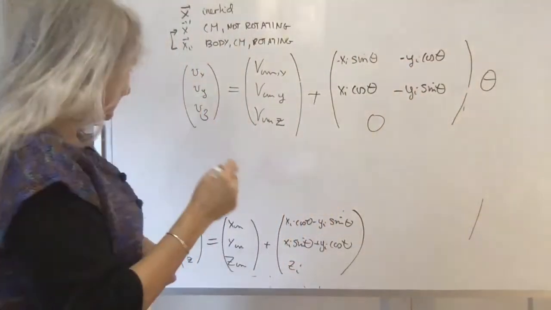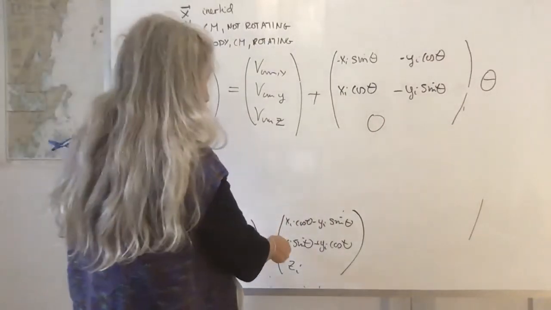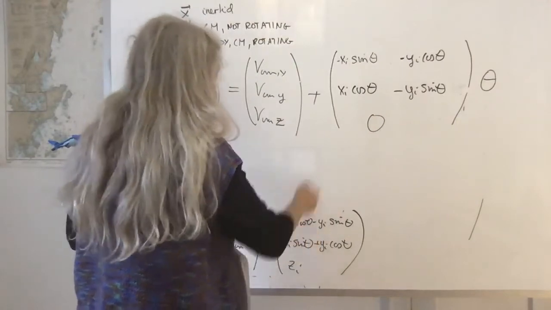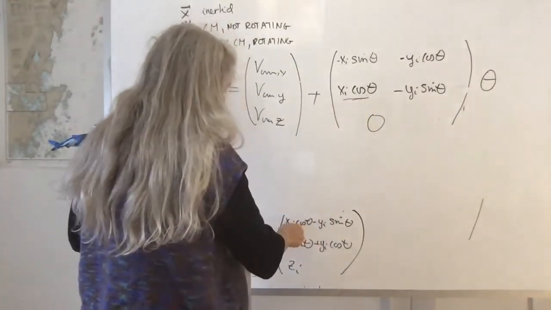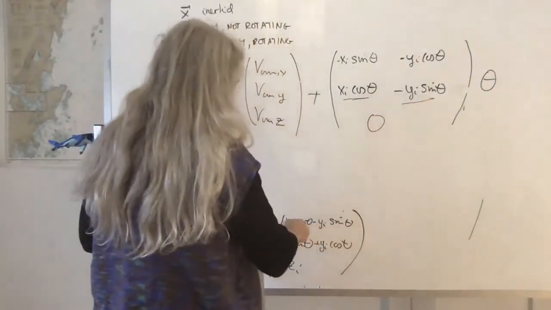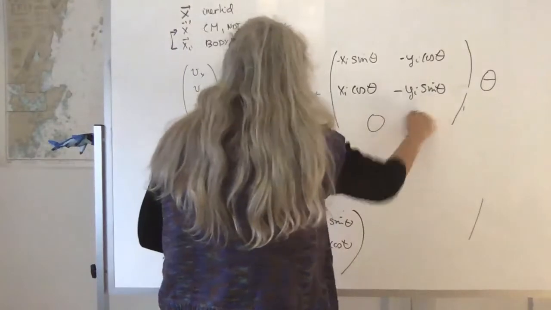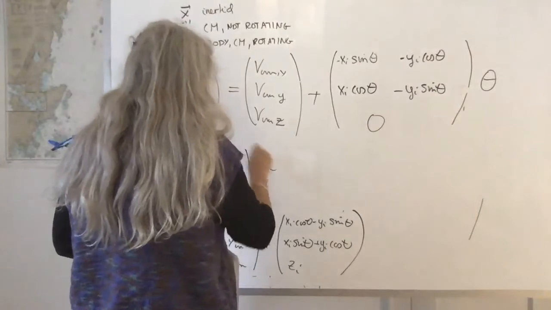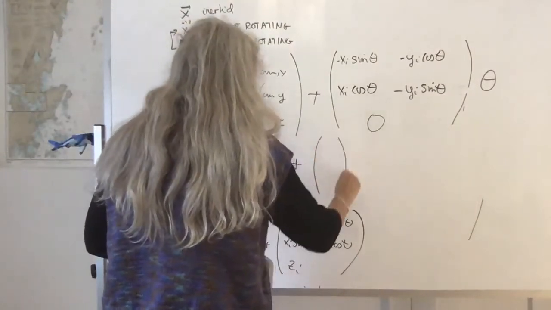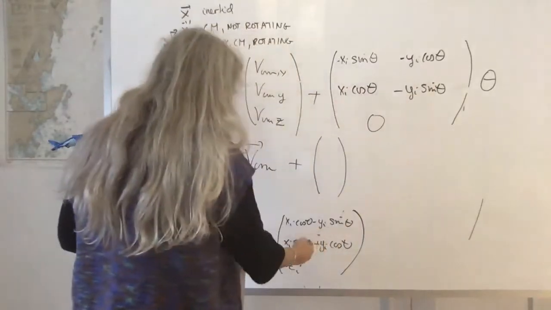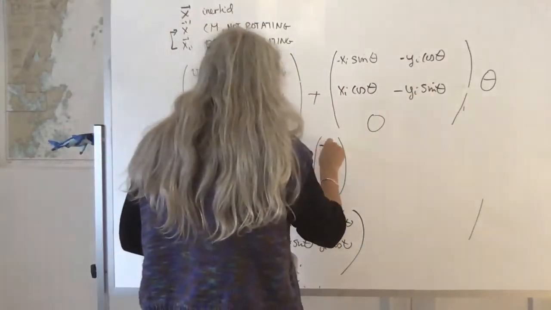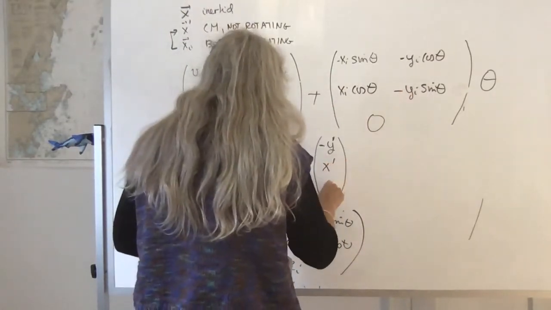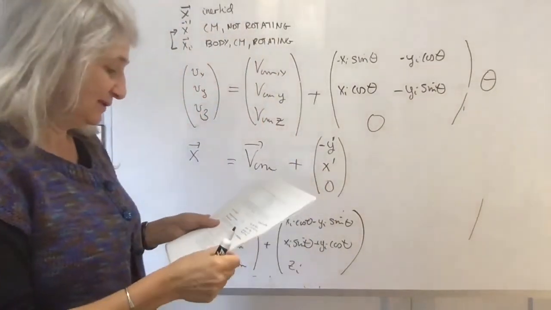Did I do this all right? Yes, it looks okay. Notice this is xi cosine theta, and this is yi sine theta, so those are the same thing. So I can also write this as v center of mass plus minus that, which is y prime, and this is the same as that, which is x prime. It's just useful to do that.